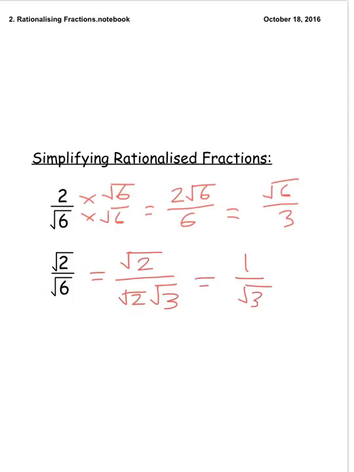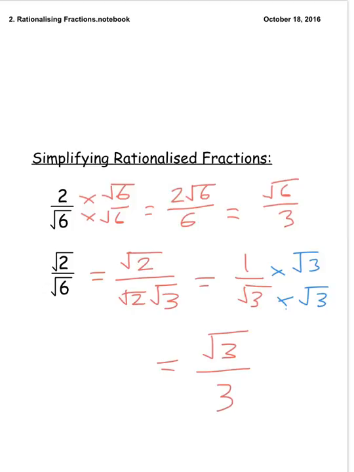Then it's a case of multiplying by √3 on the top and bottom of the fraction to rationalize that fraction. And I get as my final answer √3 over √3 times √3 is √9, which makes normal 3.